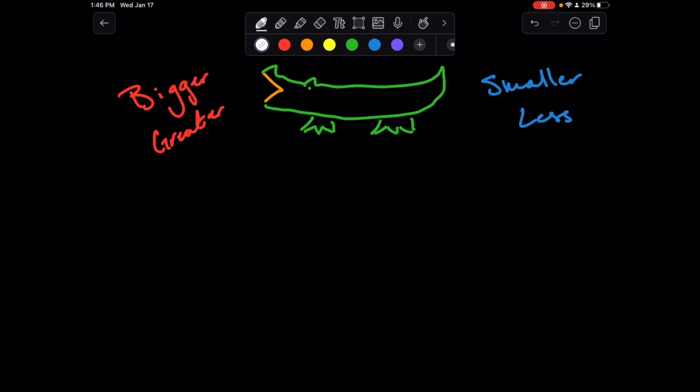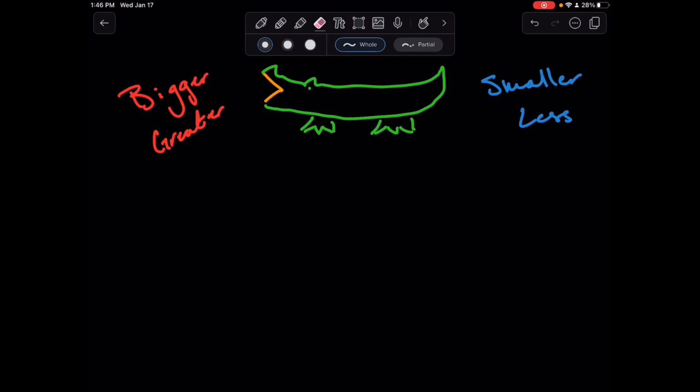So far we know a few things about our inequalities. The first thing we know is that the gator is always going to open its mouth towards the bigger number, and on the tail end we're going to have the smaller number. We know that the vocab word for bigger is greater than, and the vocab word for smaller is less than. The next skill set that we're going to need to work on is communicating what we're seeing when we're looking at an inequality.